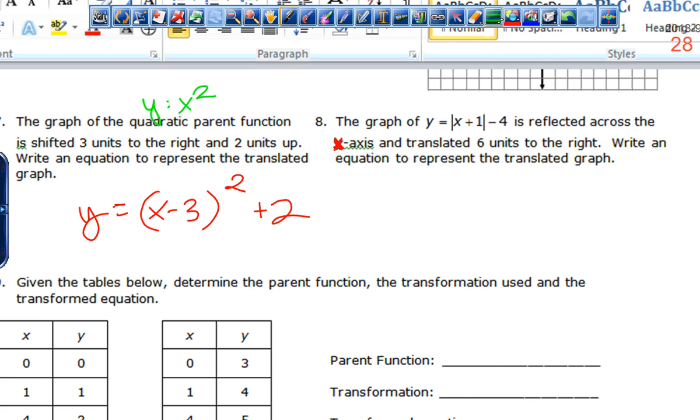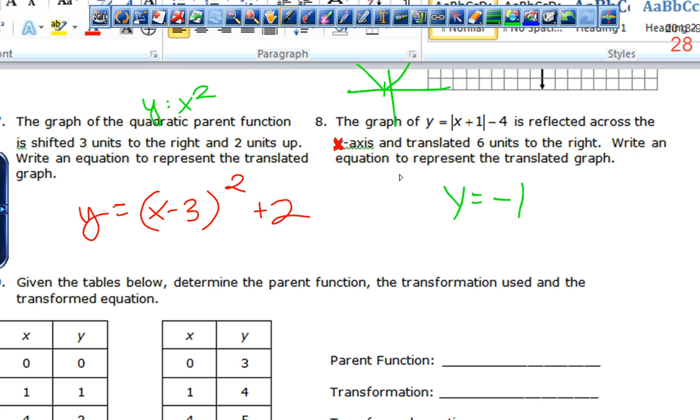So I'm going to start you up again. Y equals. We just said it. Put a negative sign out there in front. Absolute value. And then I move in 6 units to the right. So if I'm at negative 1, if I go 6 units to the right, I'm going to do the opposite.